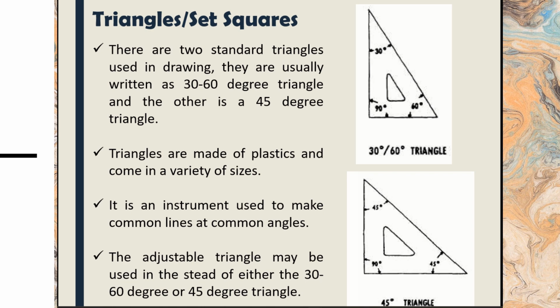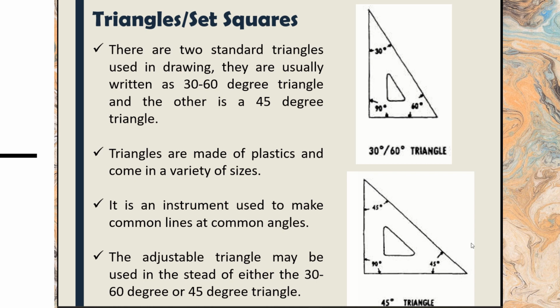Triangles, or set squares, are very important tools in engineering drawing. There are two standard triangles used in drawing: the 30-60 degree triangle, which you can see on the screen, and the 45-degree triangle.